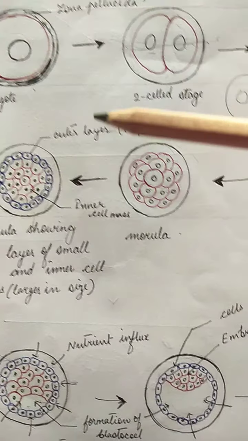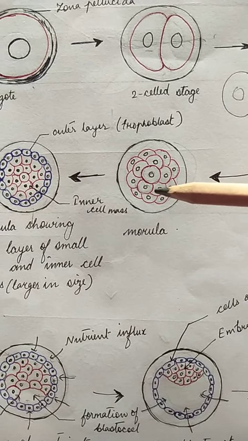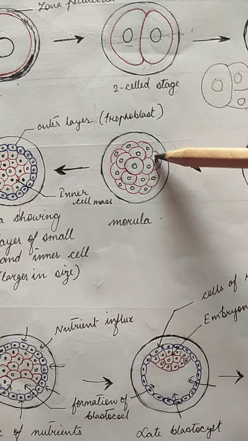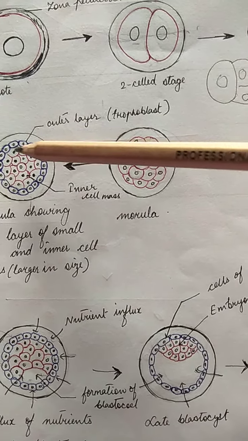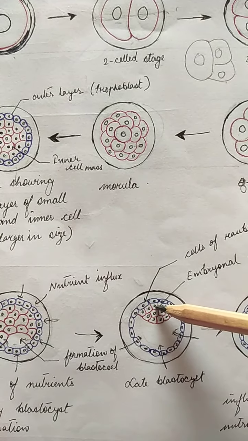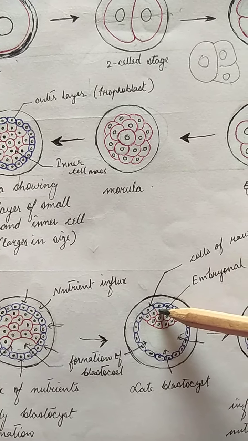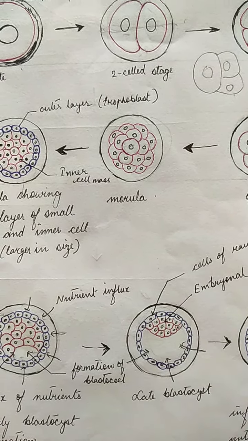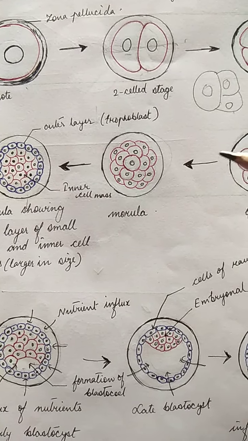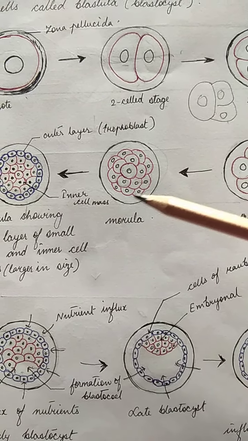Cleavage is the repeated mitotic division of the zygote to form a solid ball of cells called morula, which later changes into a hollow ball of cells called blastula or blastocyst. The difference between cleavage division and normal mitosis is that there is no period of growth in between the divisions.